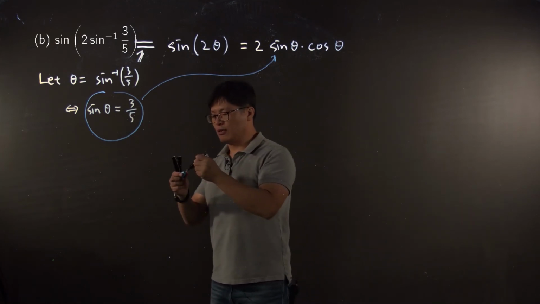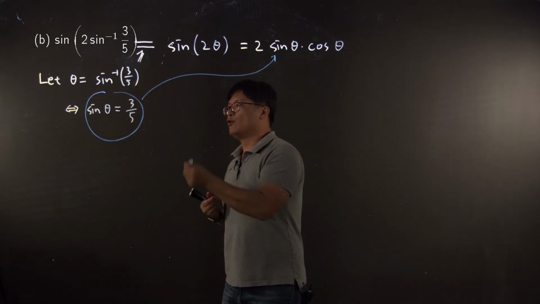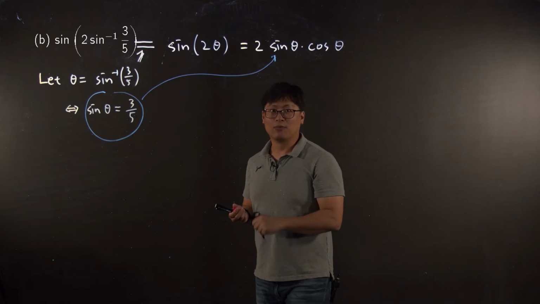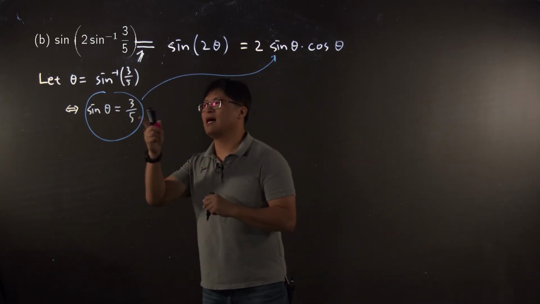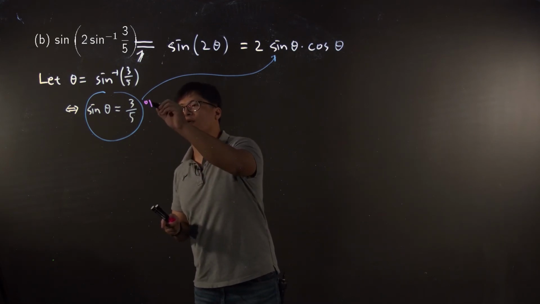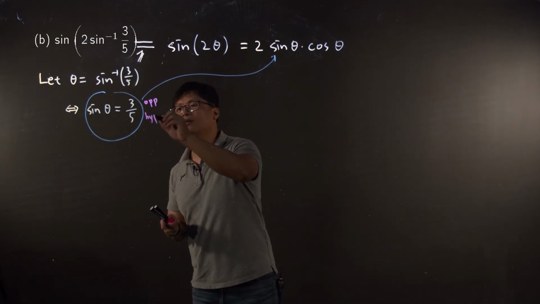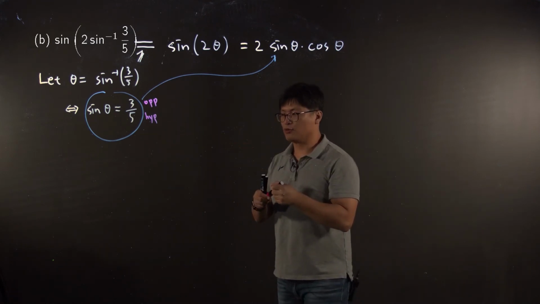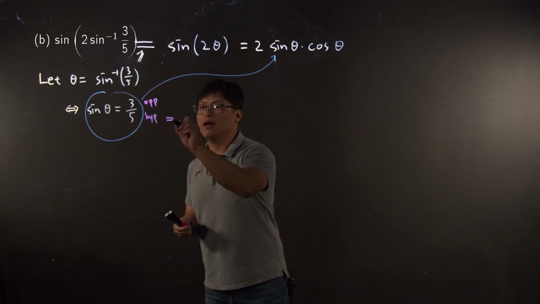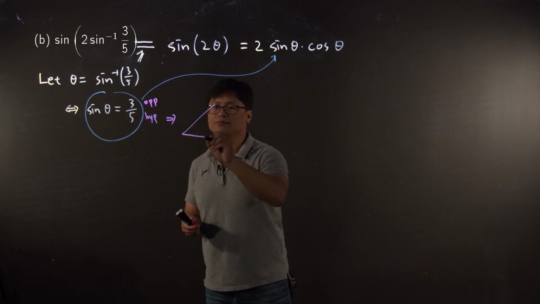We have to construct a correct right triangle. Do you remember sine theta? I'm talking about, again, SOHCAHTOA from high school. Since sine is opposite over hypotenuse, we can say 3 is the opposite side and 5 is the hypotenuse. With this idea, I can draw the right triangle here with angle theta.